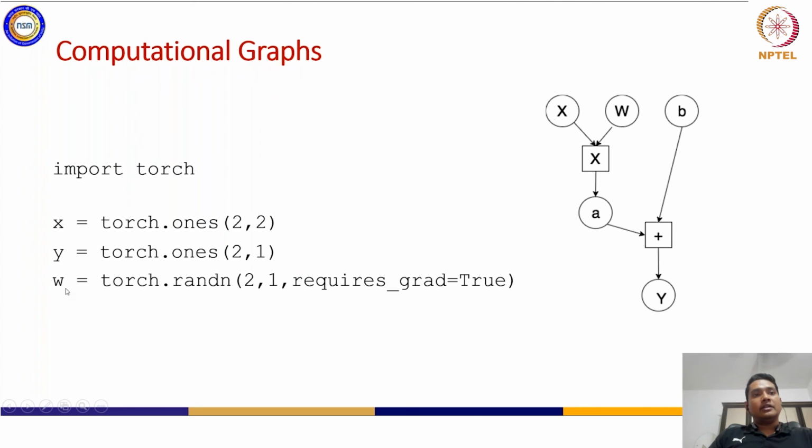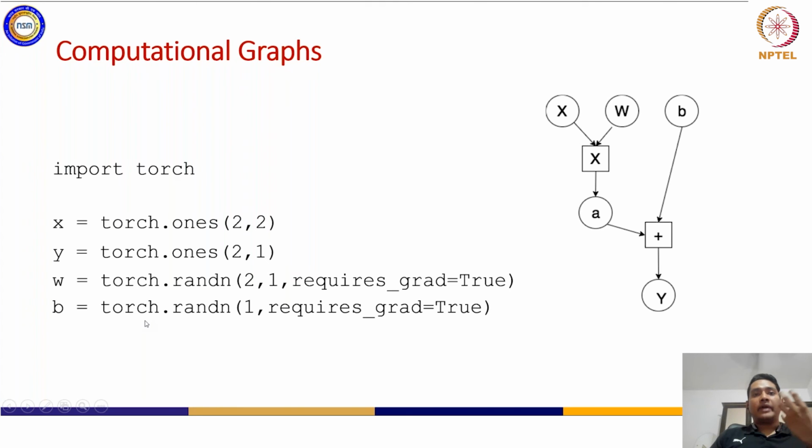Basically W and B are the parameters which you want to update with each training iteration, and at the end when you have minimized the loss, you will get the finalized W and B values, right? And that is your target. That means you want to compute the gradients for these parameters, W and B. So requires_grad equal to true.